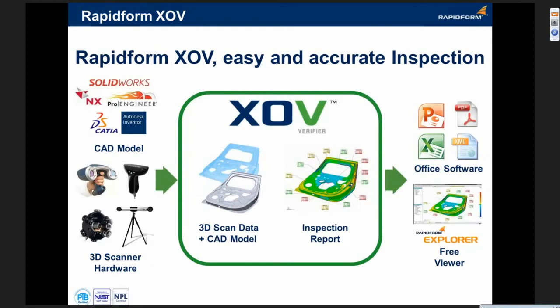So in this program you can load your native CAD files like SolidWorks NX, ProEngineer, CATIA, or Autodesk files, and together with those native CAD files you can also load your product manufacturing information, and then you can use your scanning hardware to make a scan or probe on the scan data, probe on the CAD data, and directly create vivid reports in the XOE and export those reports, inspection reports, to PowerPoint or Excel or PDF or as XML file, ASCII file, whatever.